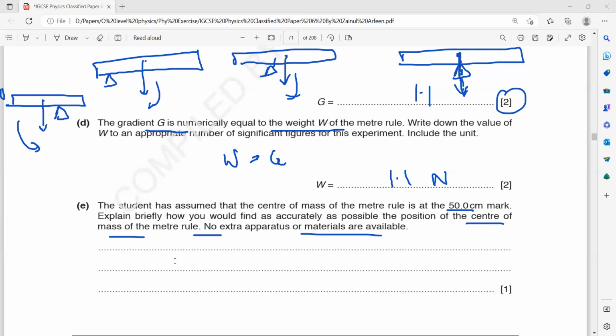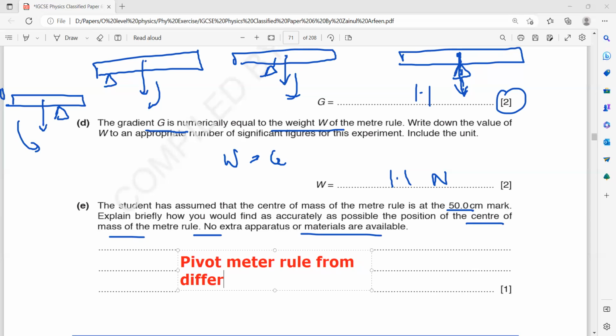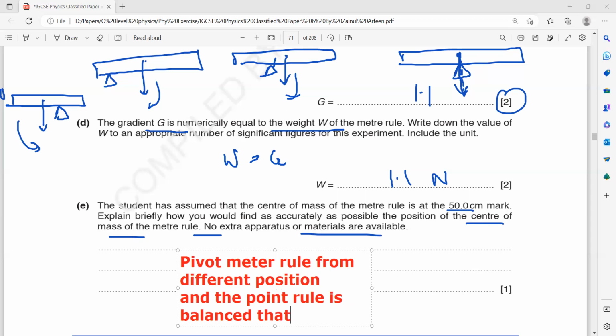So if only a meter rule is available, we will pivot the meter rule at different positions, and the point where the rule is balanced is the center of the mass or center of gravity.